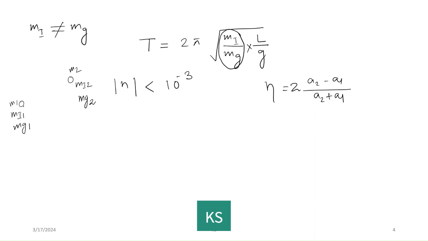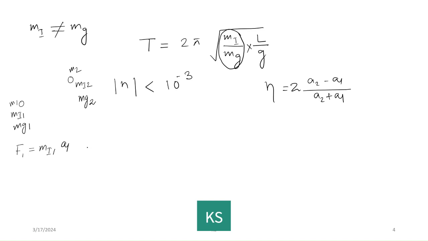Now the inertial force for the object M1 is F1, which is equal to mi1 A1. A1 is the acceleration for the object M1.